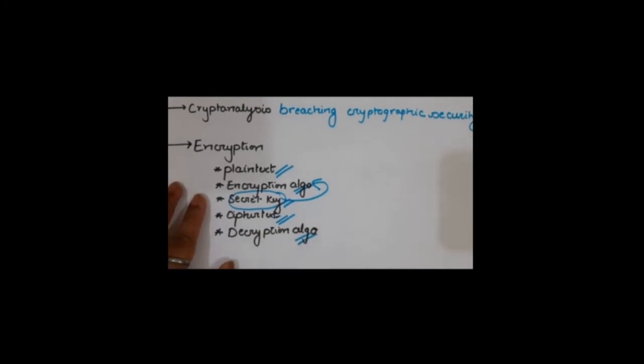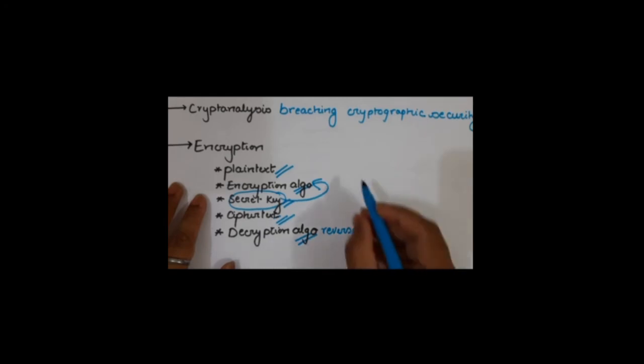Moving ahead, decryption algorithm. Decryption is completely the reverse of encryption, which means decryption converts ciphertext into plain text.